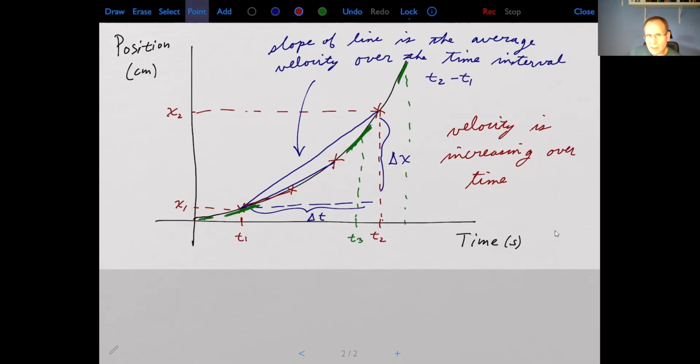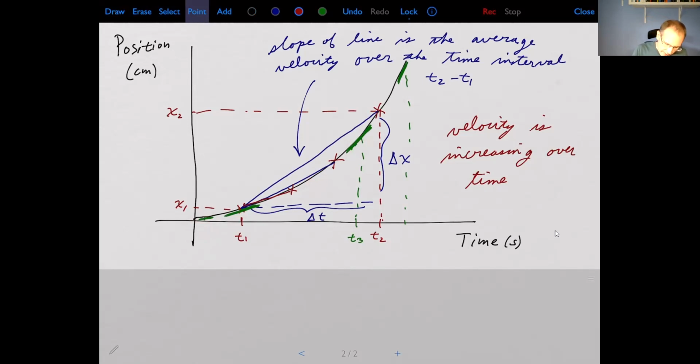Now, the thing that's not so obvious, and you would need a little bit more math, including calculus, to really understand this, it turns out in this case that if this position versus time graph is truly a parabola, then the acceleration would be constant. And that's the case that we're going to look at in lab, constant acceleration. But it's accelerating, happens to be constant. The thing that's important is that the velocity is changing. It's increasing over time.